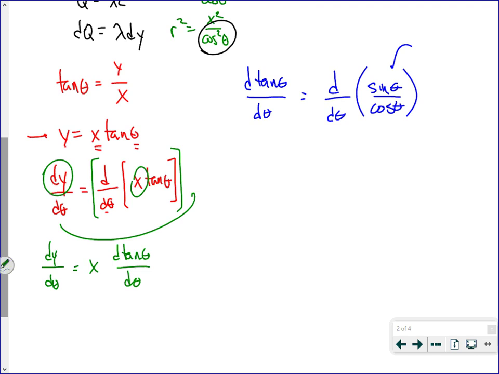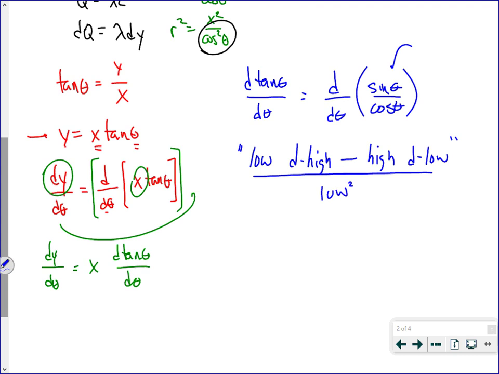Somebody told me once that the way you do a quotient rule is low d high minus high d low, over low squared. You ever heard that for the quotient rule? Something that has stuck with me.